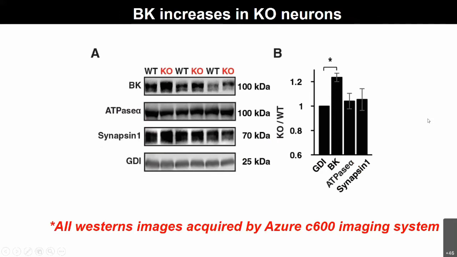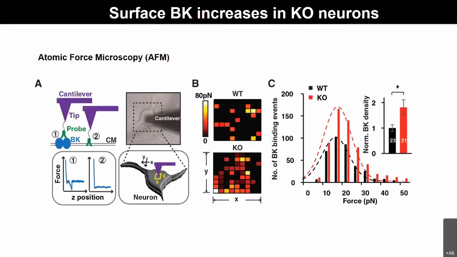All right. An alternative way to confirm that there's a BK increase is atomic force microscopy. This works slightly differently. Essentially, it's a cantilever that you functionalize by attaching a BK antibody to it. If you scan this across the neuron cultures, where there is a BK, the BK will attract and bind the antibody, and that is registered as a downward force dip by the cantilever, as shown here.